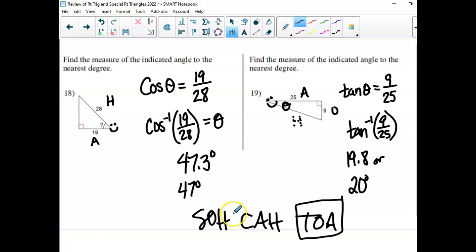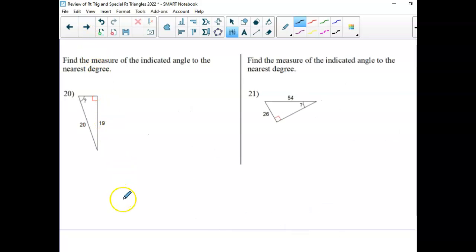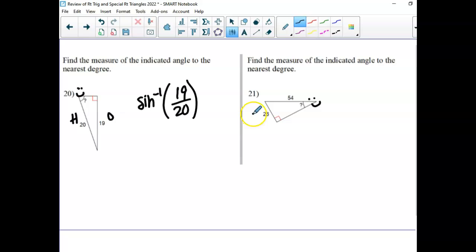How are we doing? You need more, or can you try the next two on your own? Let's see, from this angle, opposite and hypotenuse, this would be a sine, right? And this guy would be opposite, same thing. Yes?